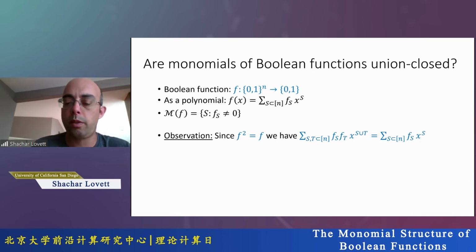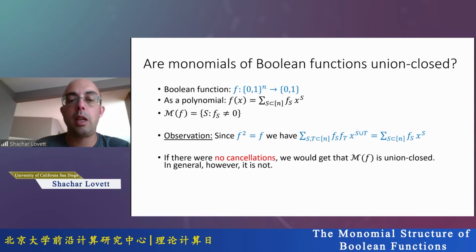What can we deduce from that? Well, not much. But if we happened to be super lucky and there were no cancellations, because think about it, every monomial x_{s union t} on the left-hand side could appear many, many times, with many ways of writing a set as a union of two sets. So there are many coefficients hitting the same monomial, and they might cancel.